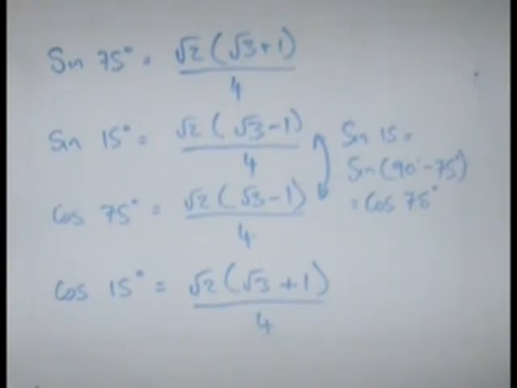And sine 75 and cos 15 gave us the same answers of root 2 times root 3 plus 1 over 4. If you want to remember that, you're welcome to. Alternatively, whenever you have a 75 or 15 degrees, you can break it up using compound angles and special angles.